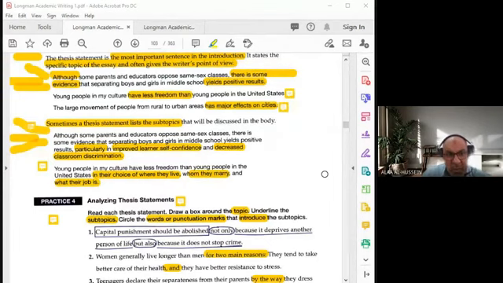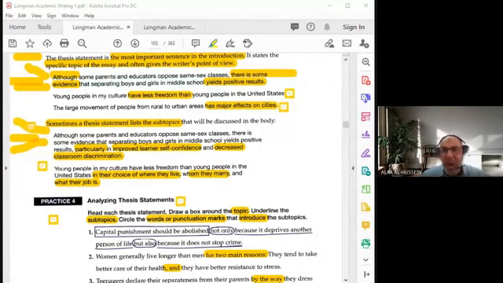The writer believes that young people in his or her culture have less freedom than young people in the United States. But he or she doesn't tell us how, why, and what those things are. What are those related ideas to the freedom? What specific types of freedom?